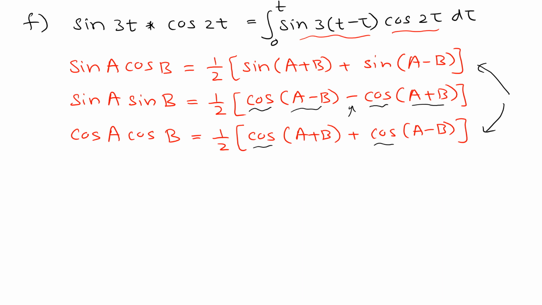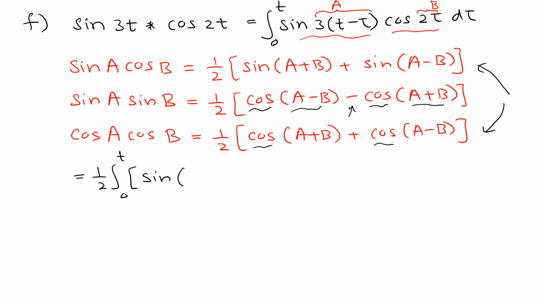Now let's go back to the problem. For your convolution, we can pick A and B properly. We're going to pick this part as A and this one as B, and plug into the identity. So using the first equation, you can write this as 1/2 the integral from 0 to t of sine.